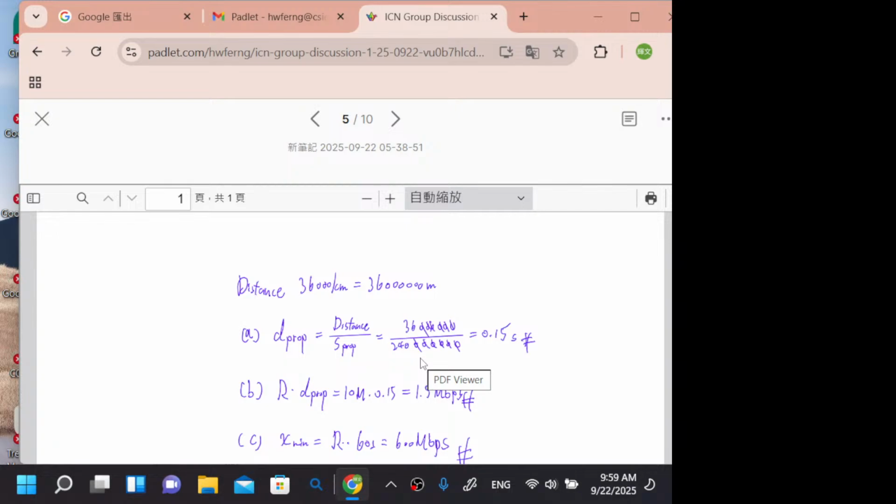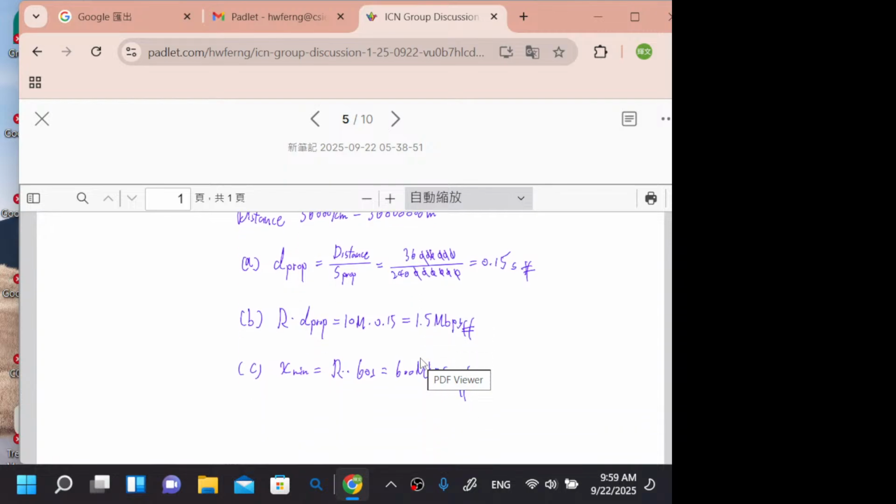Okay, so for the first question, we need to get the propagation delay. How do we get it? We divide the distance by the propagation speed, which is 2.4 multiplied by 10 to the power of 8. Dividing the distance by the propagation speed, we get 0.15 seconds, which is 150 milliseconds.